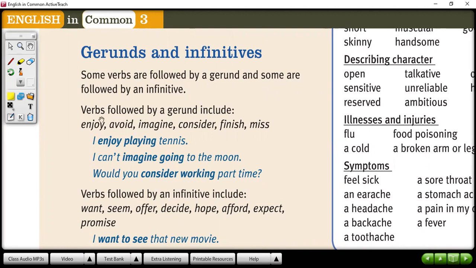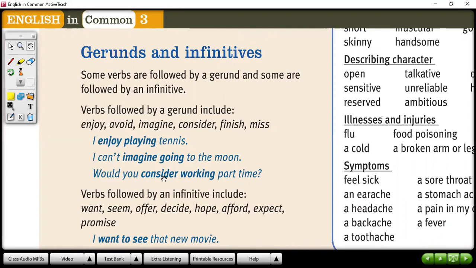The group of verbs followed by gerund include avoid, enjoy, imagine, consider, finish, miss. Example, I enjoy playing. Don't confuse, this is working as a noun. I enjoy, not as a progressive. I enjoy playing tennis. Okay, I can't imagine going to the moon. So imagine needs gerund.